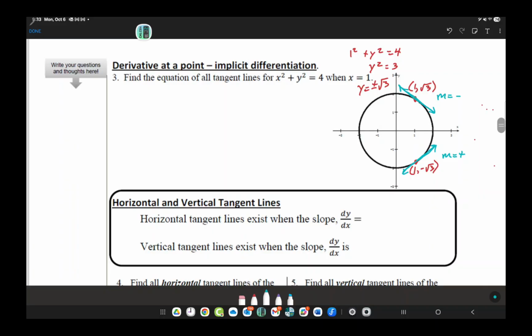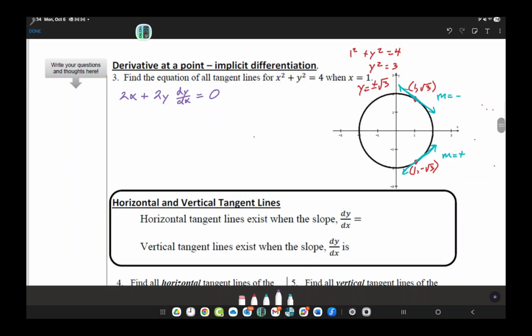Now we do need to find the slope, which means what do we have to do to the function? Got to find the derivative. So that is 2x plus 2y dy dx equals 0, because the derivative of 4 is just 0.